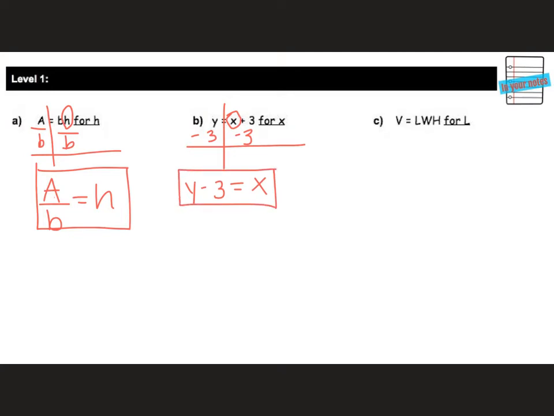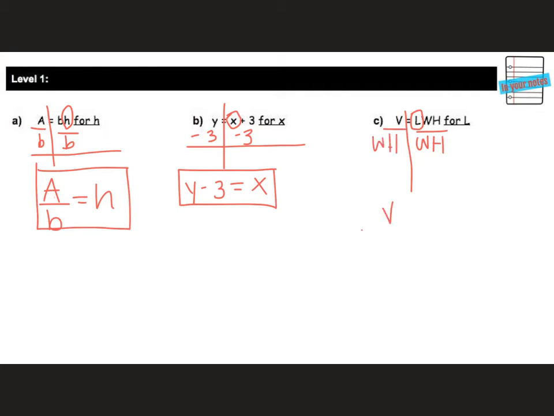And letter C, we're trying to get L by itself. Circle L here. In the way of L being by itself is a times W and a times H. Since these are both multiplied, we can go ahead and divide by both of them at the same time.